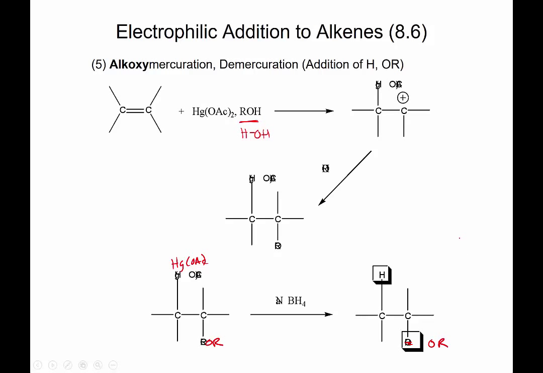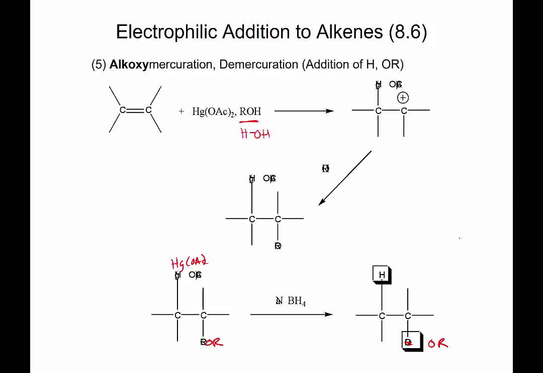Now, why are these reactions important? Well, there's going to be a slide, I think, that summarizes how to add H and OH. One of the things we can do is add H and OH Markovnikov, but 50-50, by adding H plus and H2O.